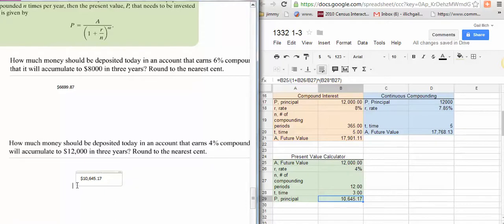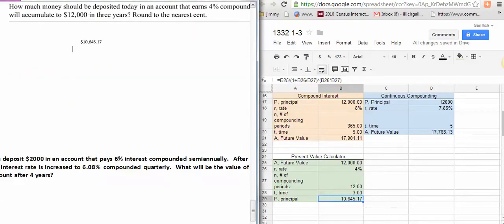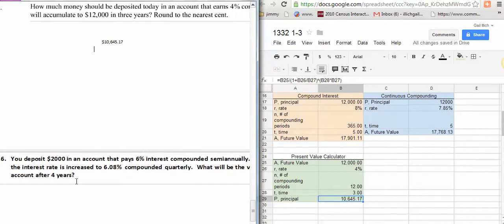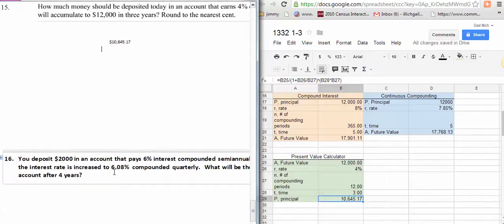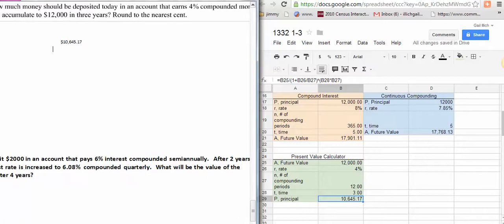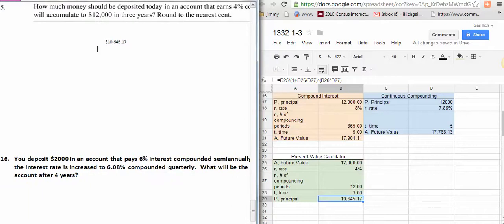Okay, let's look at the next problem. All right, it says, you deposit $2,000 in an account that pays 6% interest compounded semi-annually. After 2 years, the interest rate is increased to 6.08% compounded quarterly. What will be the value of the account after 4 years? All right, so this one's kind of a compound interest formula that we have to do twice.